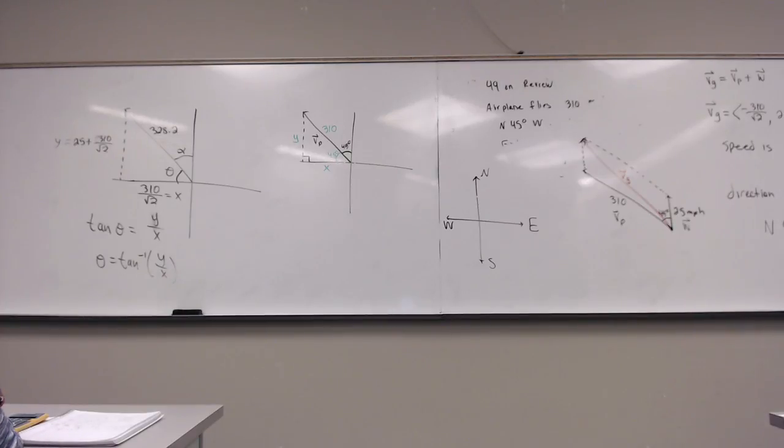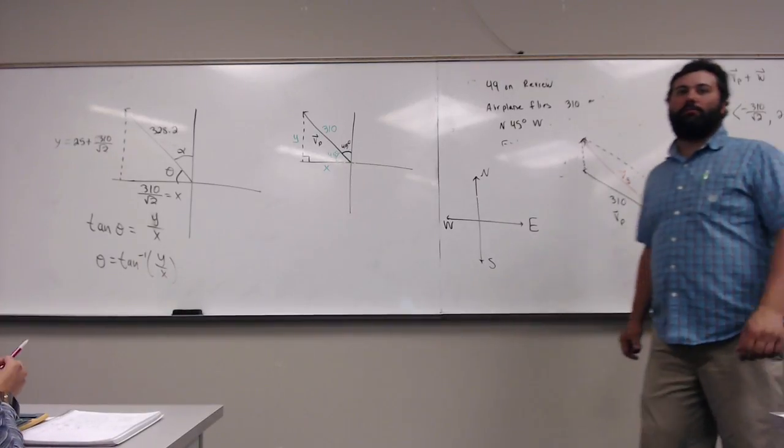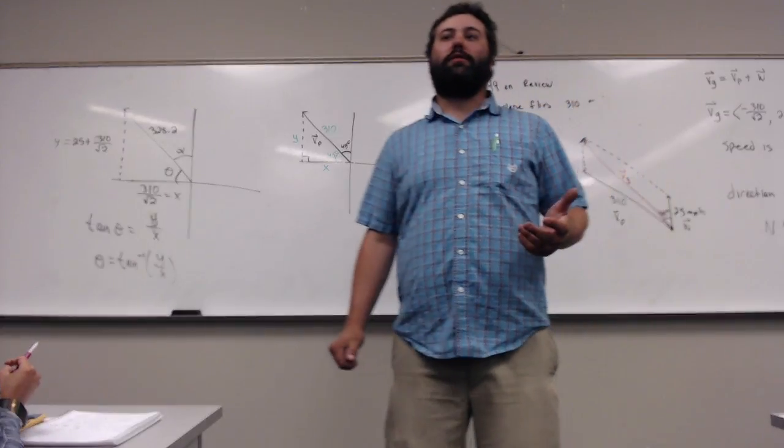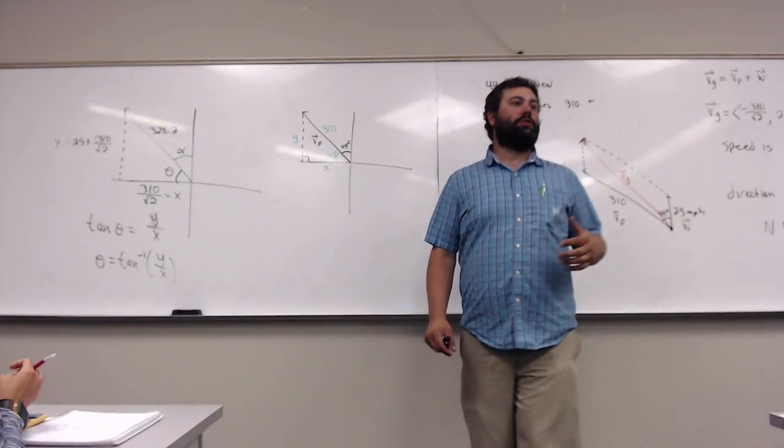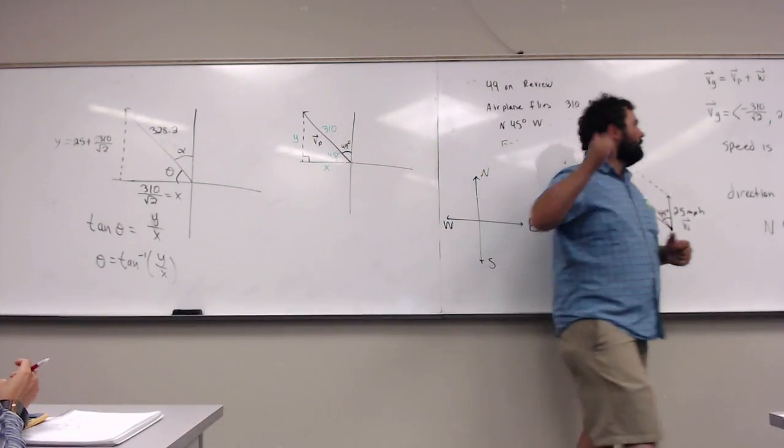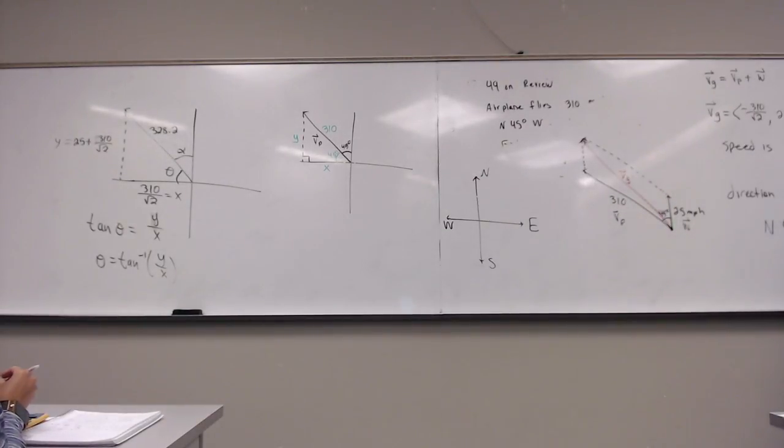I would expect either a problem like this or a bearings problem. I can't ask you everything, but do make sure you take a look at a bearings question again. All these problems are generally going to be the same. It's going to be either an airplane question or a boat question. You'll be given the speed and direction of the airplane, and a wind vector.